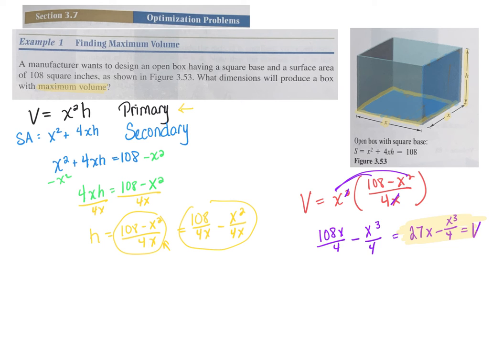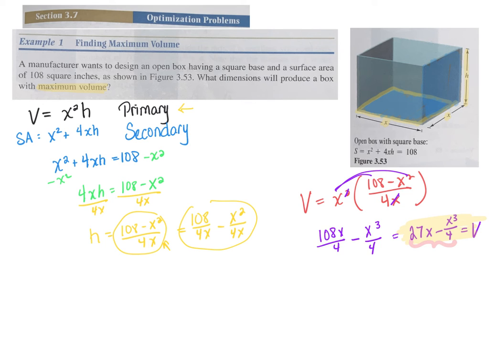We've already proven that. So now that I have taken my primary and gotten it to one variable, I can now take the derivative. And so that's what I need to do. I am going to take this and do the first derivative. So first derivative of this guy right here.